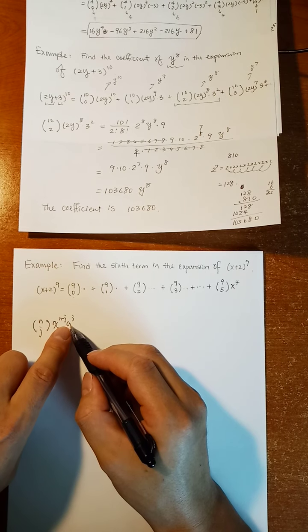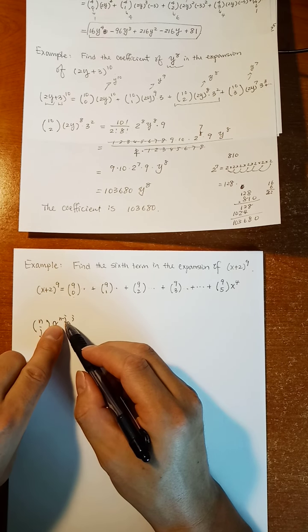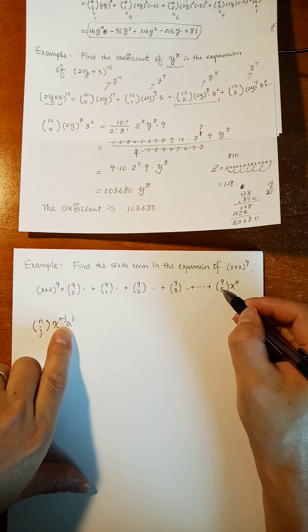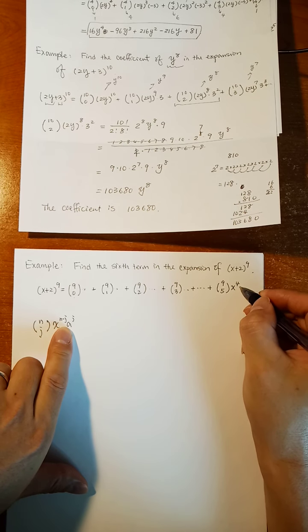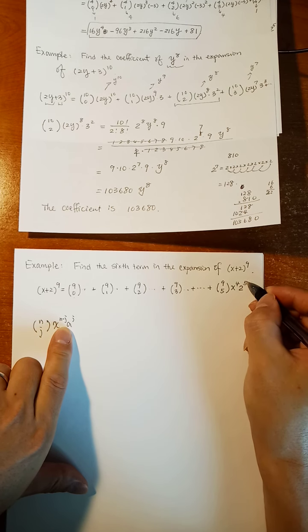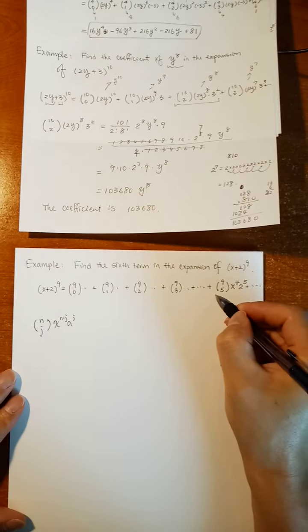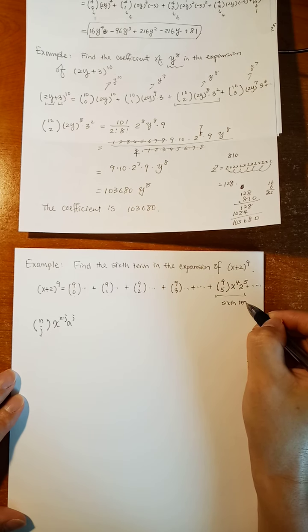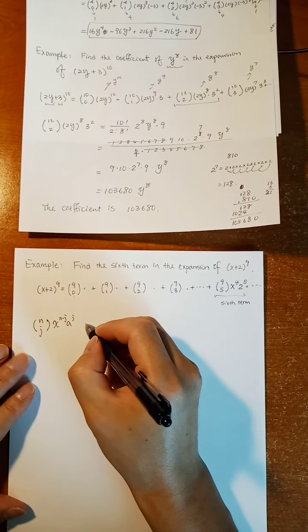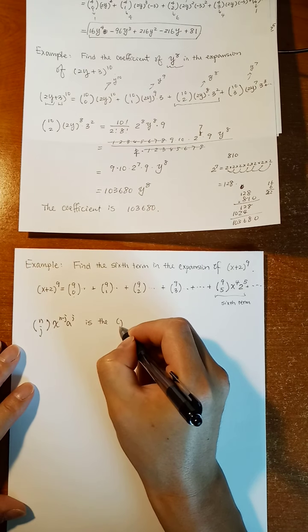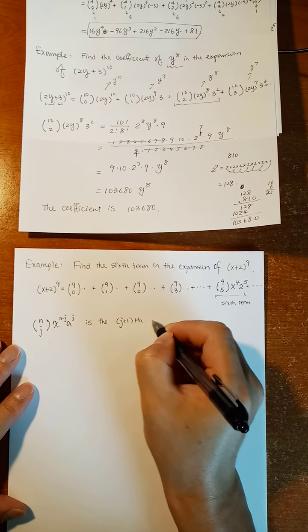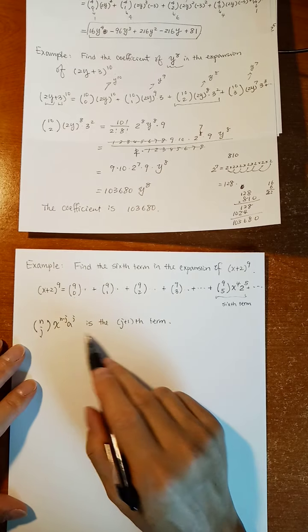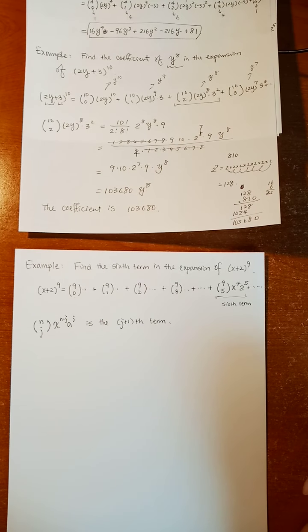So a has power j, x will have power n minus j. So x has power 9 minus 5, which is 4. a is this 2. 2 has power 5. So this is the sixth term. This is the j plus 1's term. n choose j, then this is the j plus 1's term.